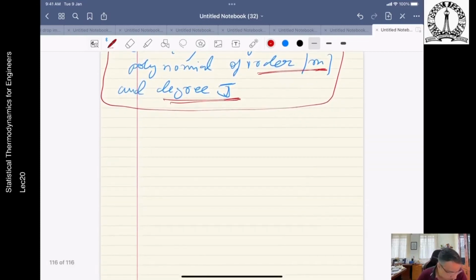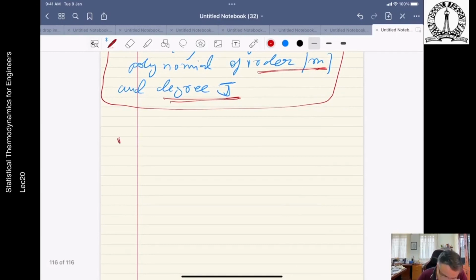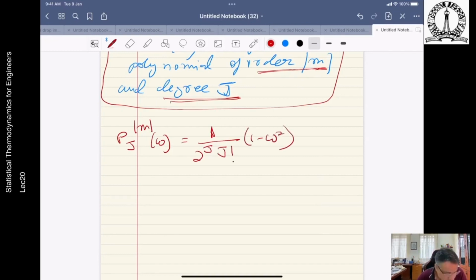So what if I open up the Legendre polynomial? Let's write that also. P_j^m of omega is given as, again complicated, 1 over j factorial, times 1 minus omega squared to the power of m over 2.